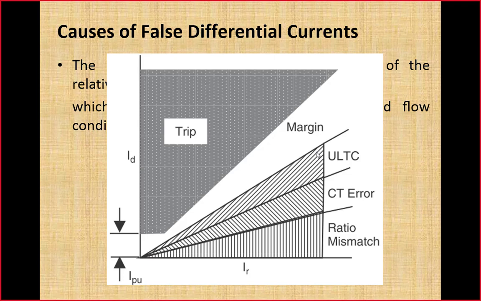As the retaining coil current increases due to these phenomena, the operating coil current also increases. But when fault occurs inside the zone of a percentage differential relay, then it will definitely operate because this relay is highly sensitive to internal fault within the zone of protection and very immune or secure for the fault which will occur outside the zone of protection.